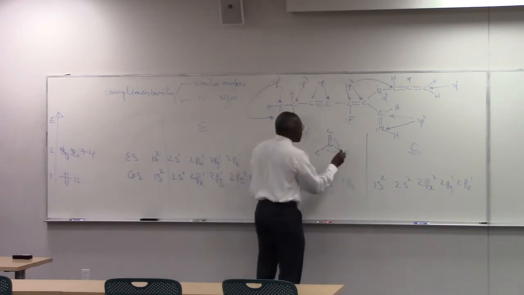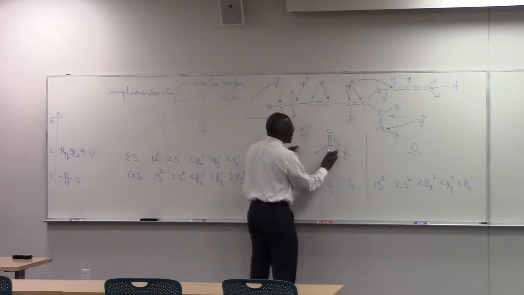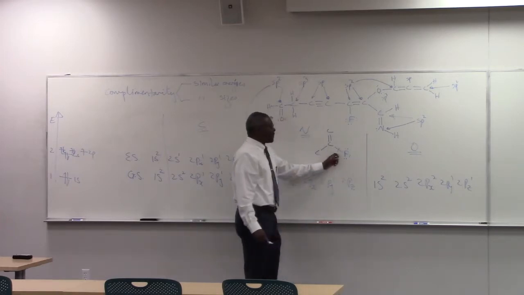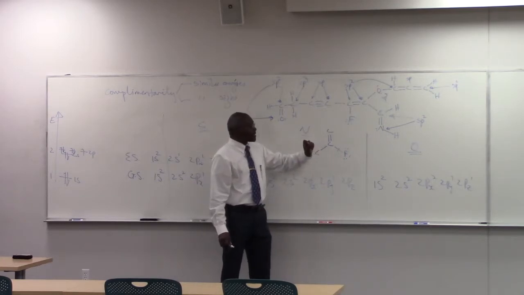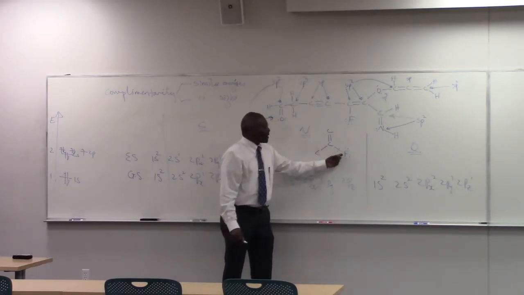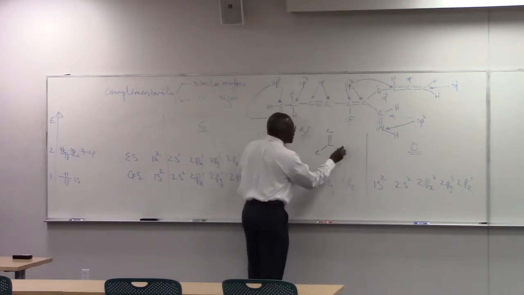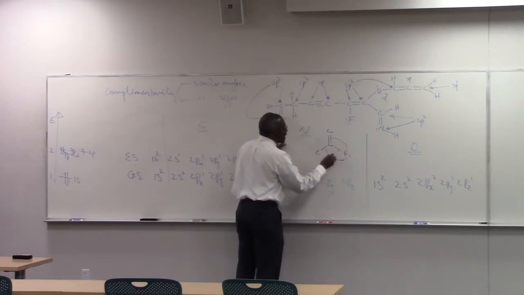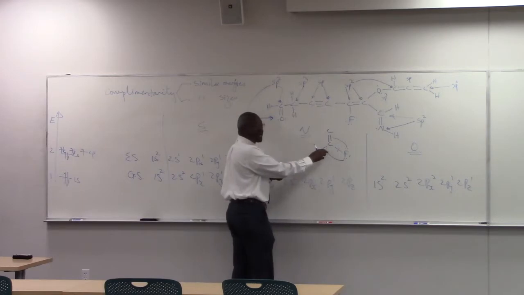Because remember now, the fluorine, I'm sorry, I said that wrong. If the orbital the fluorine uses to bond is sp3, then this bond will get short. If the bond gets short, it means that the lone pairs of electrons on the fluorine get closer to the bond pairs of electrons that the carbon has.